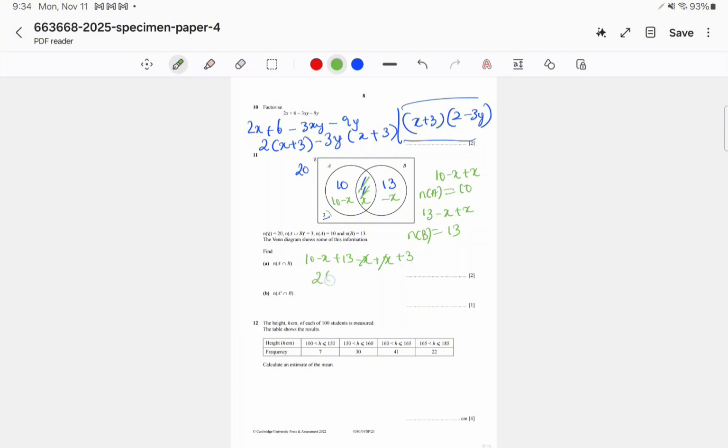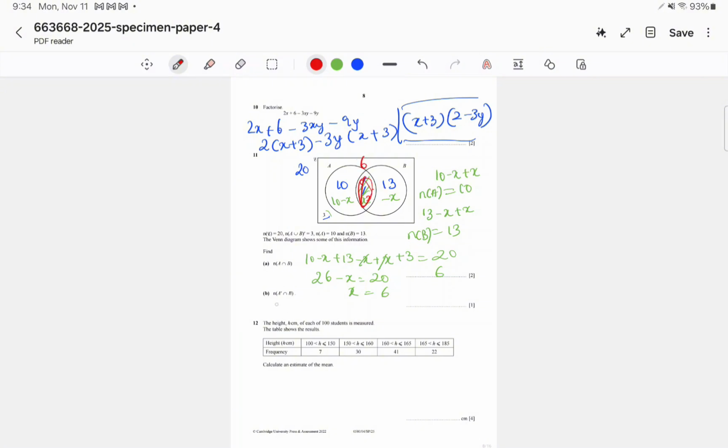Okay, it is 26 minus x, equal to, we have to equate to the universal set 20. We should only have 20, but we are getting extra, so your x value will be 6. Okay, so your x value is 6.